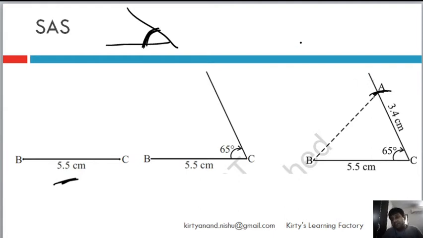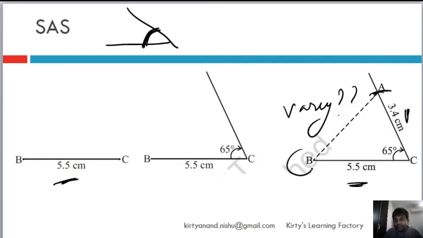Now if I have another triangle in which I have two sides of length 5.5 and 3.4 and the angle between it is 65 degrees, okay, then can my third side vary? Can I change this third side now? Because now this point B is fixed. Now I have fixed point A also. It cannot tilt in this direction, it cannot tilt in this direction.